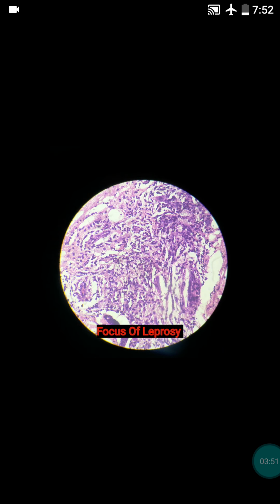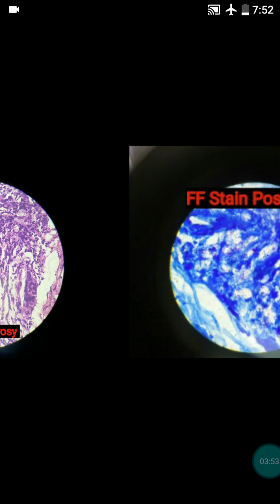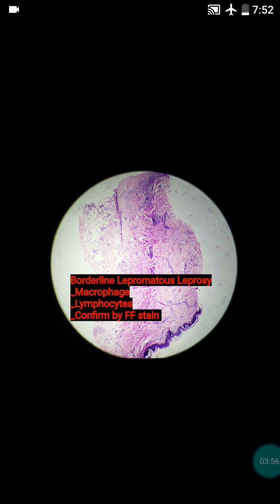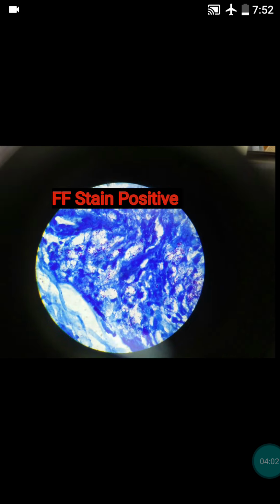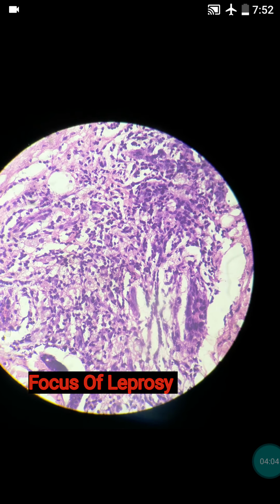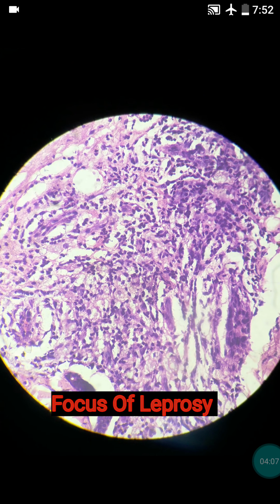Now this is the microscopic focus of the leprosy. I am showing you in 4x. This was the lepromatous focus. We have inspected it in a 40x high power view. So what can you see in this figure?